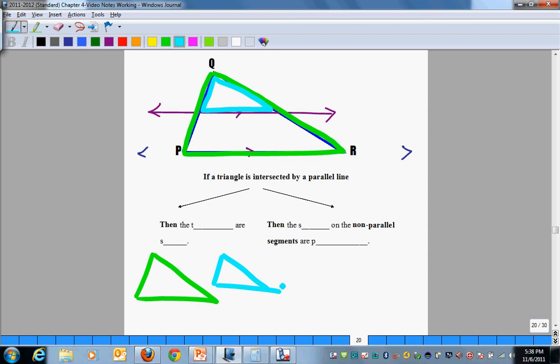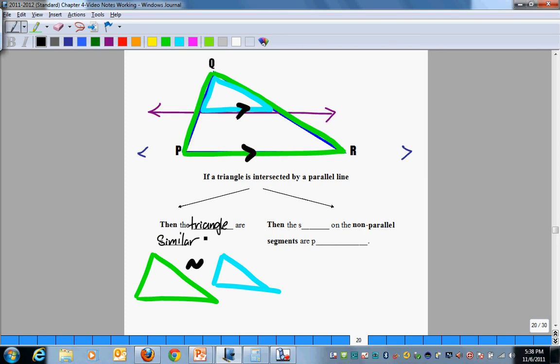And because these lines are parallel, these triangles are similar. So that's the first way you need to see it: when a parallel line cuts through a triangle, the triangles that are created are similar.